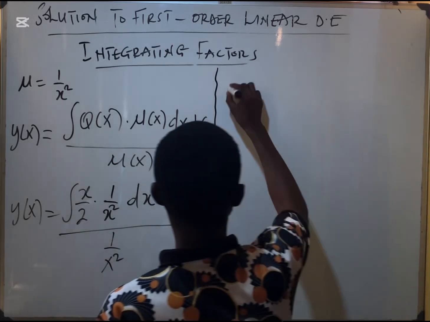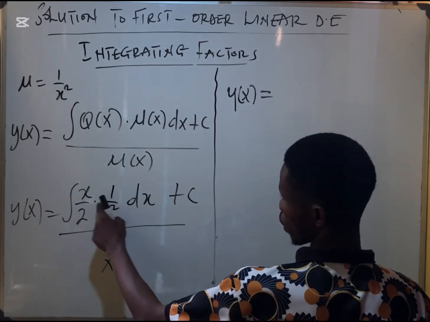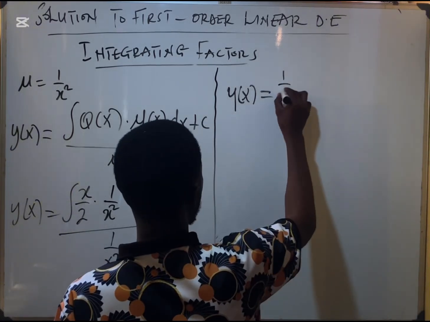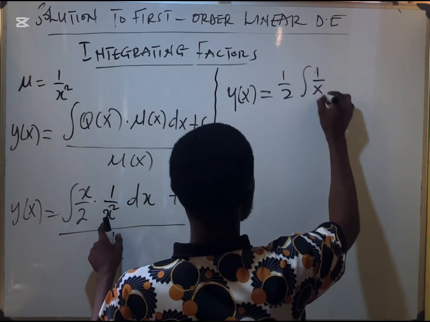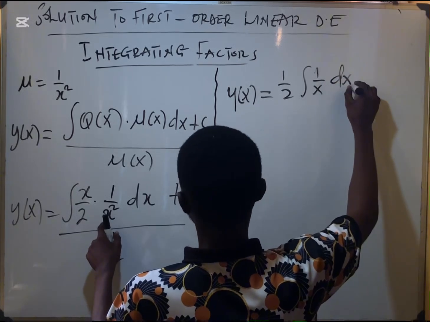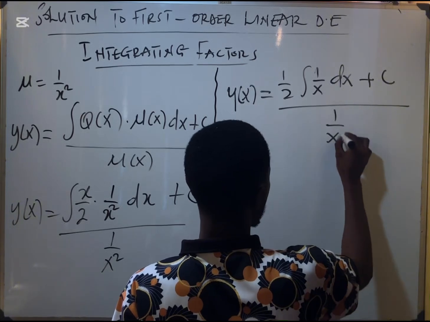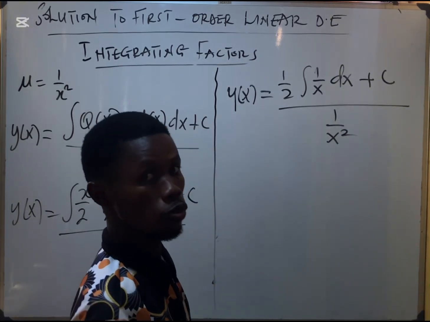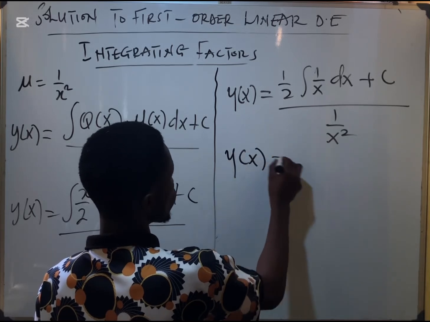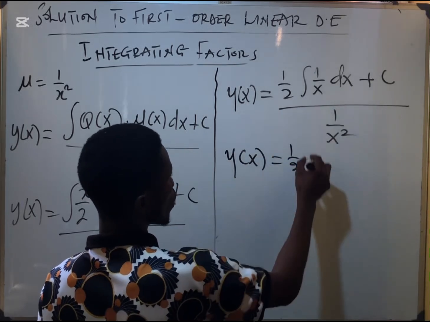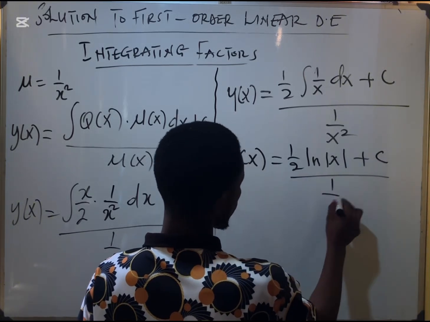So we have y of x equals, and I can bring half out to have half integral of, so this is what we have. Okay, so looking at this, y of x equals half, if you integrate, you have ln x plus c, all divided by 1 over x squared.